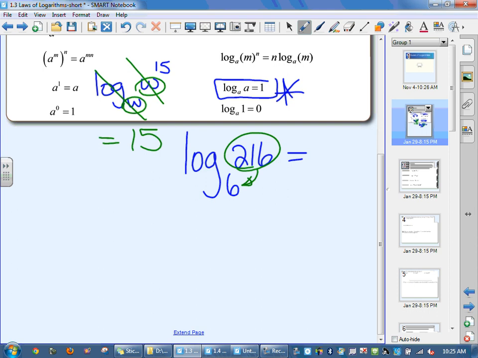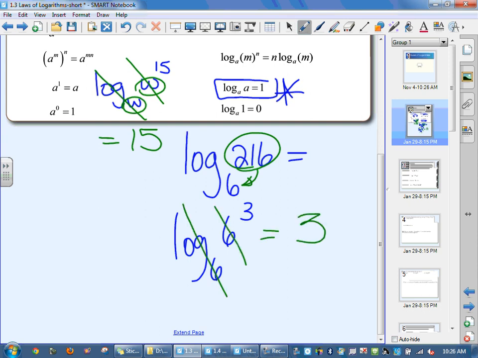Well, I know that 216 can go to base 6, it's 6 cubed. So I'm going to rewrite this as log base 6 of 6 cubed. Now my bases are the same as the argument. They can drop. My answer would be 3.